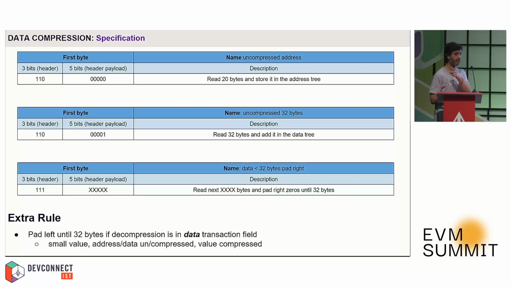Here there is an important extra rule. What if we find some of these functions inside the data transaction field? As you know, when you call a smart contract function, you have the selector, and then you have chunks of 32 bytes, depending on the parameters that the function has. So if we find any of these functions inside the data, then we will pad left to 32 bytes.